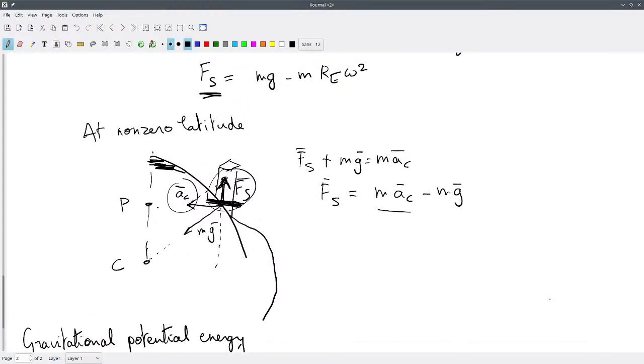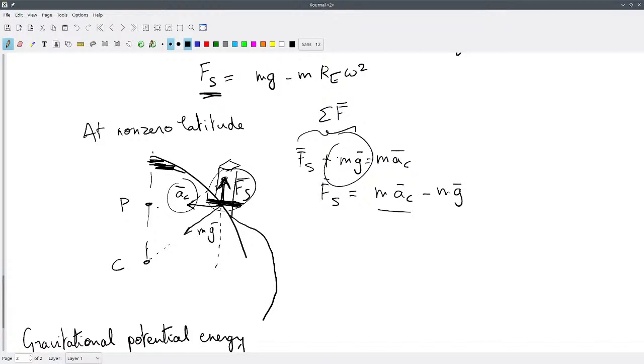Okay, so Isaac is asking whether mg should be negative here. I've written it as a vector equation. In the case of vector equations, it actually has to be positive, because this is the sum of all of the forces. If I were to write it in coordinates, then I would have to take care of my negative signs.